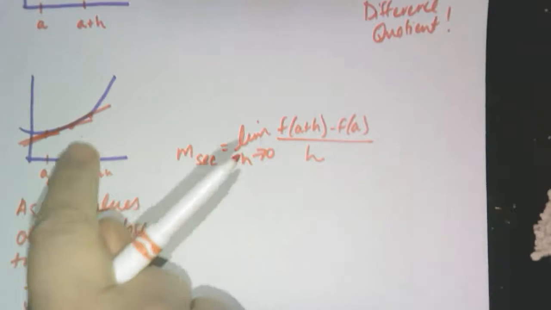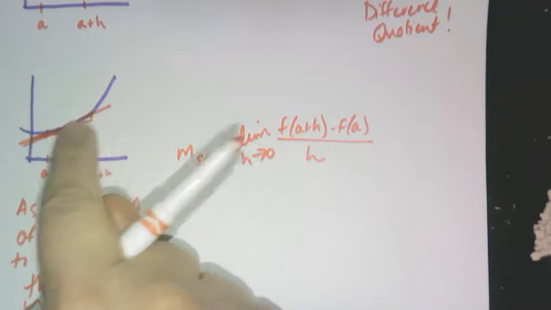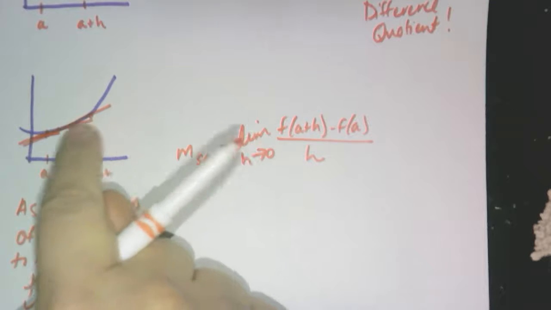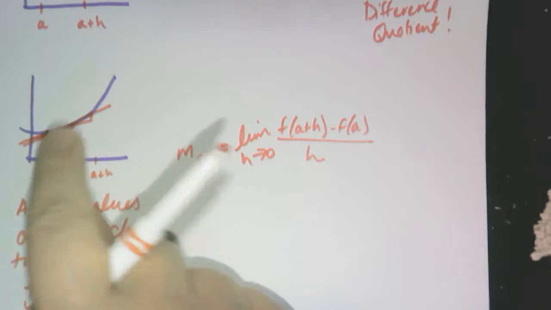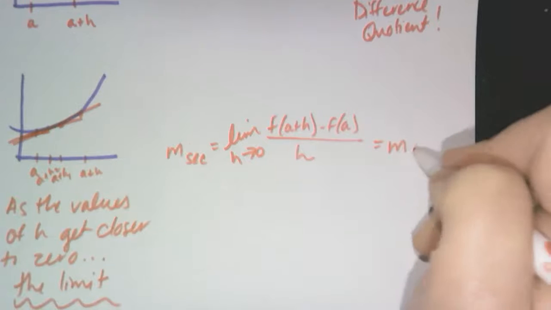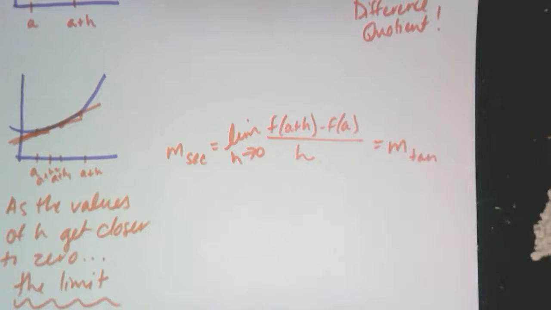That secant line, the slope of the secant line, as I took the limit, became the slope of the tangent line at that point, A. This is huge. Why is this huge?